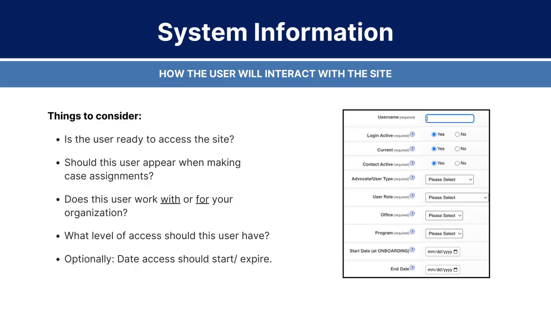And optionally, date access should start and expire for the site. As site administrators, you have the ability to suspend access after an end date has been recognized and not allow access until the start date is upon us. This comes in handy for temporary advocates or interns, such as summer interns or summer attorneys.